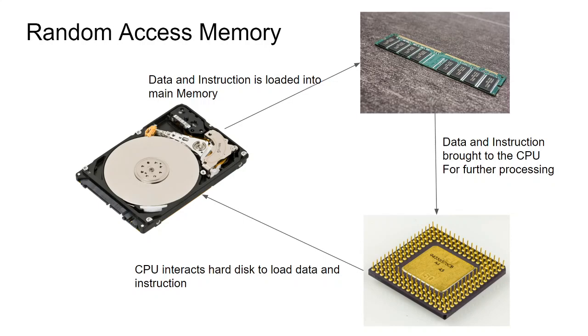Next, let us see a little in detail about random access memory. So what happens first, this is your hard drive. Data and instructions are loaded into the main memory.